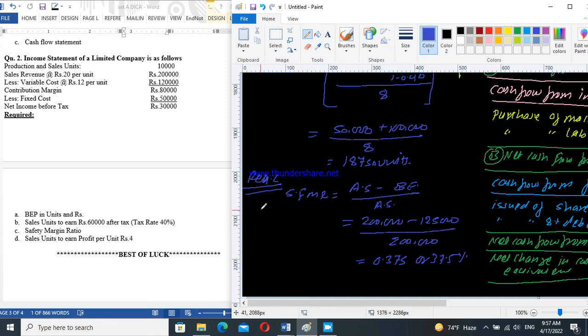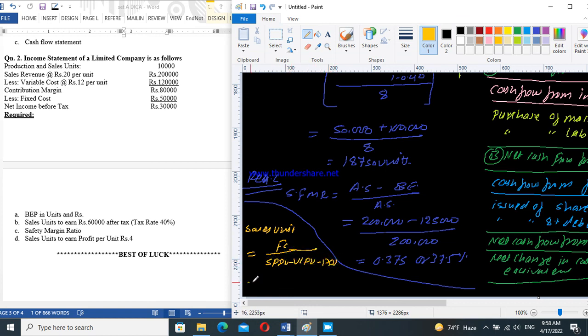Move on. Required D. Required D, sales units is equal to FC divided by SPPU minus BCPU minus PPU.